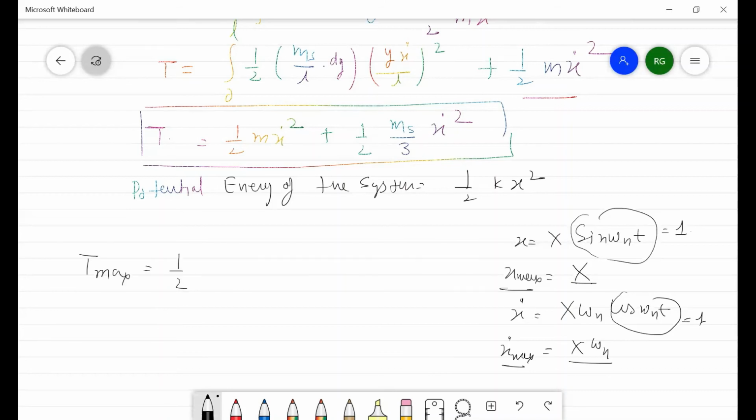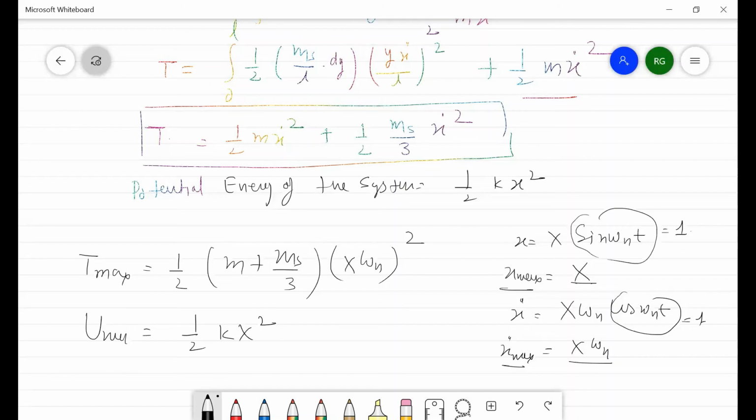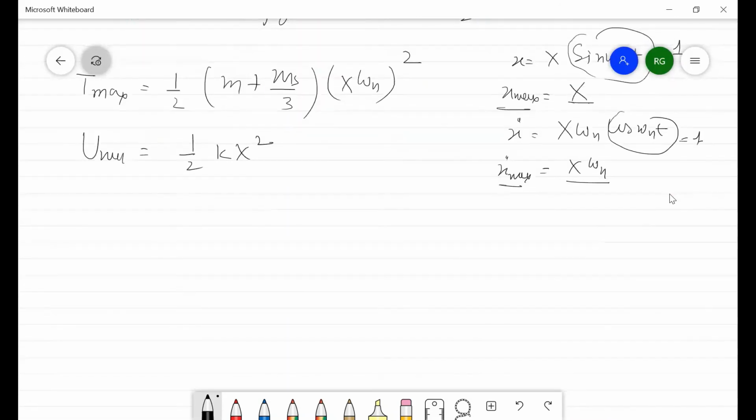Now we know that the maximum kinetic energy T max is half m plus ms by 3, and the maximum velocity is X omega n, so X omega n whole square. Similarly, the maximum potential energy U max is equal to half k and the maximum displacement capital X whole square. Using Rayleigh's energy method, we can find out the natural frequency.